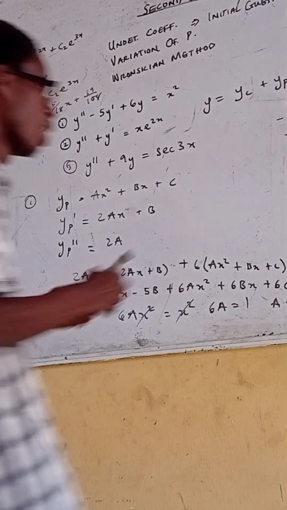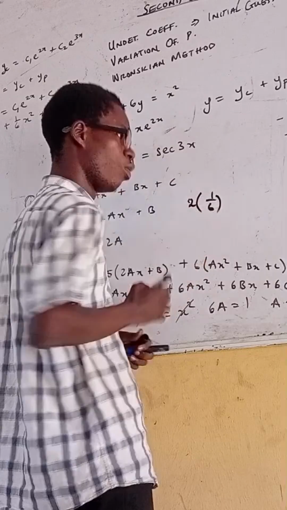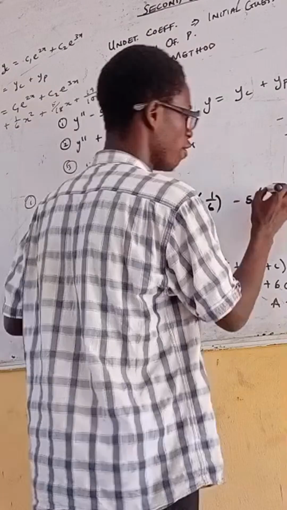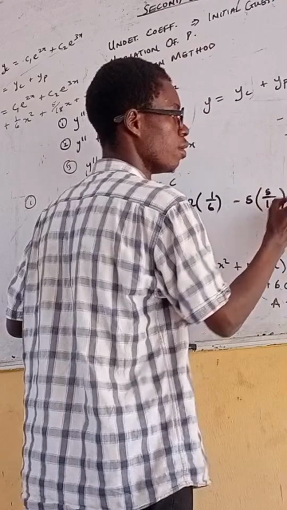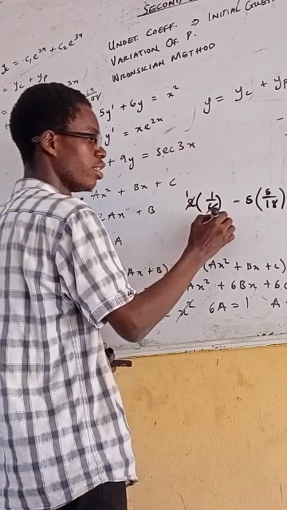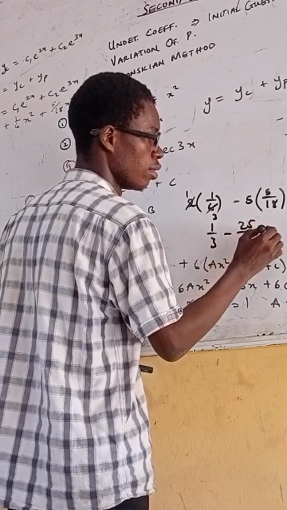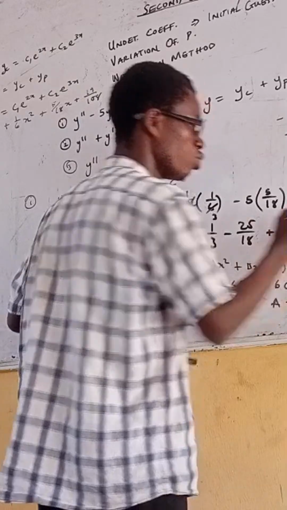So the third one, I can now have 2a: 2 in bracket, 1 over 6, minus b which is 5 over 18, plus 6c equals to 0. This 2 here, 1, 2 here, 3: 1 over 3 minus 5 over 18 plus 6c equals to 0.